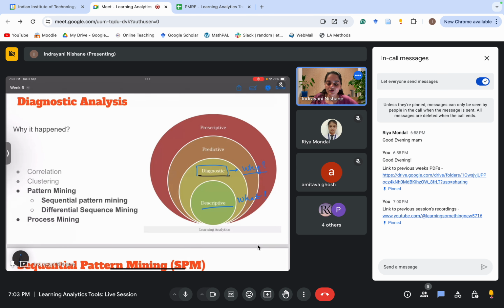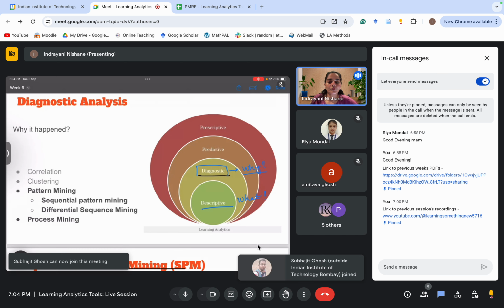If a student has achieved some learning objective faster or in a better way compared to other students, we can do a comparative analysis and identify the points which that student is doing differently. In order to do that, we need to explore this why question.